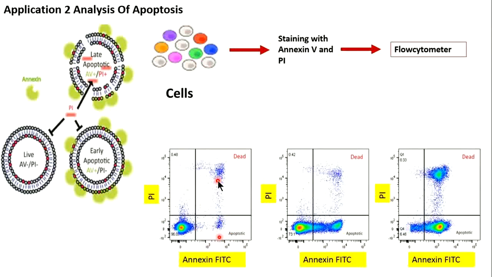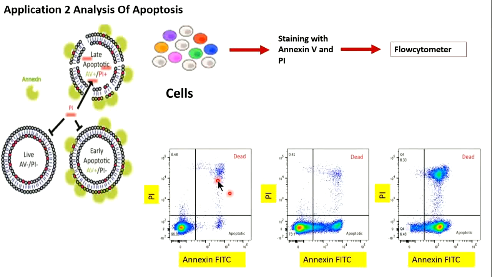So what can we say? We can say this is early apoptosis. Early apoptosis means annexin has started to bind to phosphatidylserine, but the cells are not completely dead because they are still PI negative, or y-axis negative. Then this is the quadrant which is positive for both.